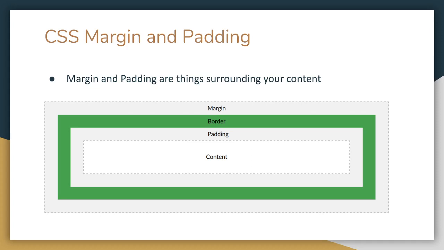Margin basically means outside of everything that belongs within this element. So if I have a margin of 5 to the right, and the background of my content is black, the background of the margin would probably be white, or whatever the appearance is.